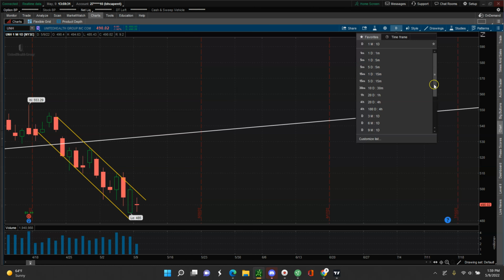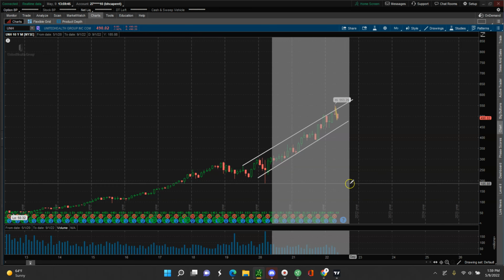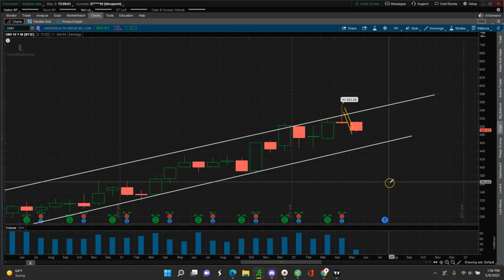But let's go back to the monthly chart and look at that one. All right, so ignore the two trend lines that I just drew on the daily chart. But what I want you to pay attention to, oh, my app is acting a little funny. I want you to pay attention to this candle here on the monthly chart that printed for the month of April.